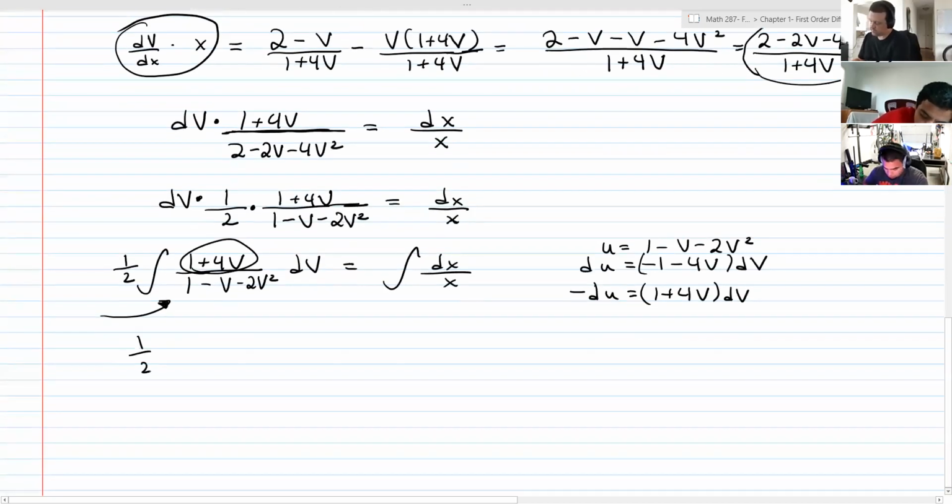So we get 1/2 the integral, and we'll pull out the negative, so the negative comes out here. We get 1 over u du equals the natural log of x plus c.